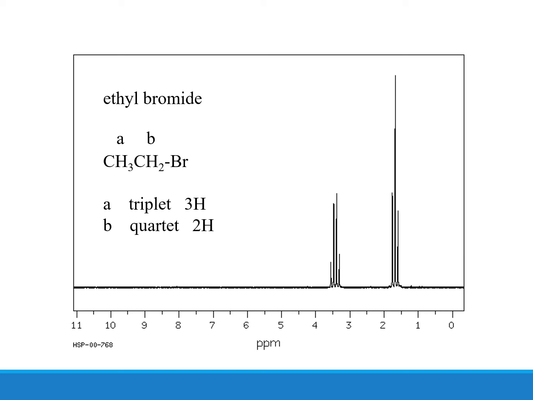And you can see that the methylene next to bromine splits the methyl into a quartet, where the chemical shift is seen around 3.5, whereas the methyl protons split the methylene proton into a triplet, where the chemical shift is seen around 1.6 or 1.7.